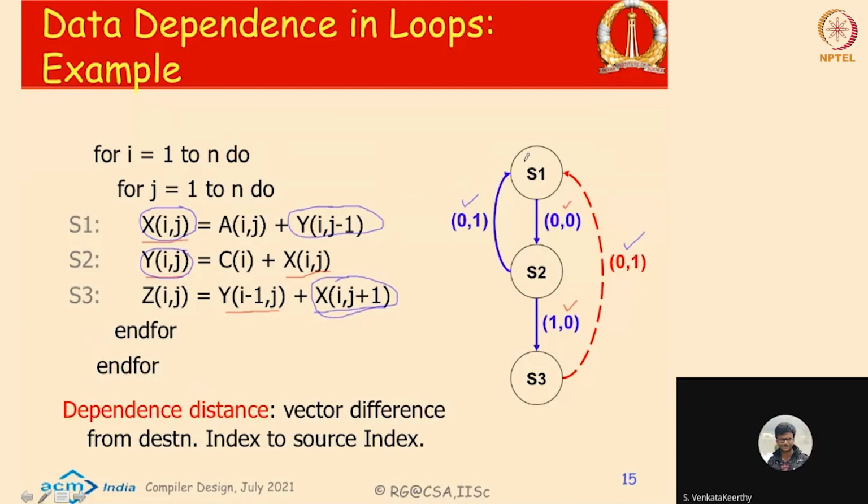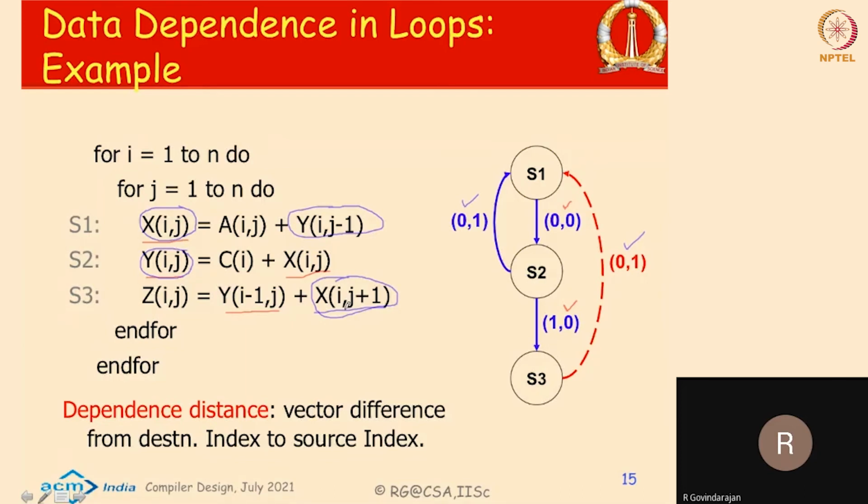So can you also explain about S3 to S1? Yes, S3 to S1. Okay. So this is the anti-dependence that we are talking about. Here a value has to be consumed from location x[i][j+1] before that location is being rewritten. For example, let us say i is equal to 5 and j is equal to 6.